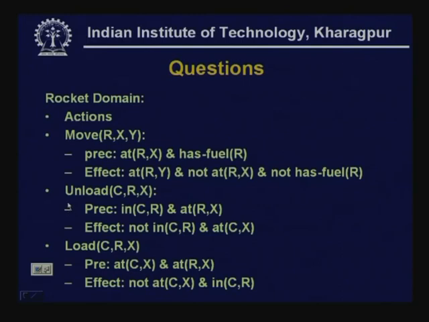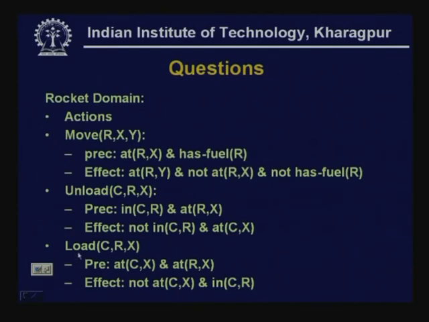The second action is unload c r x, unload cargo from rocket at x, precondition in c r and at r x, rocket is at x, cargo is in r, effect not in c r and at c x.